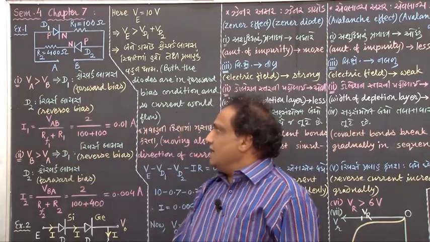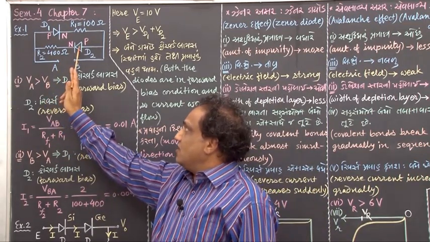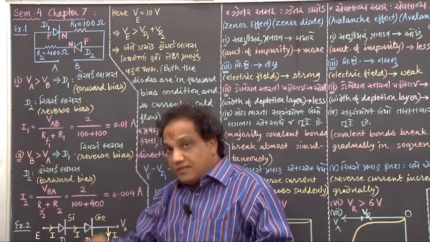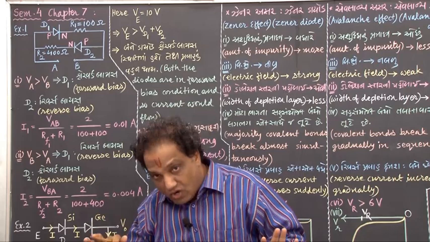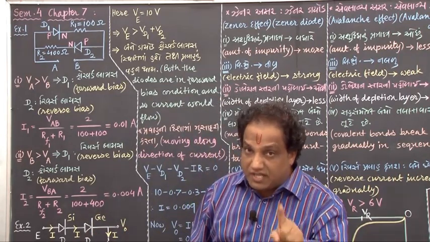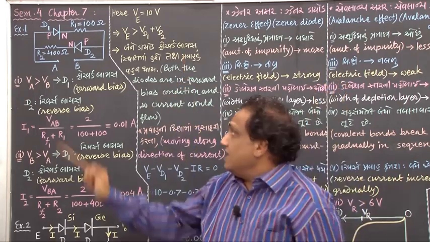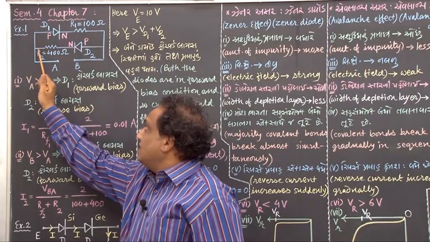Fine. Now tell me, in this case, when this diode D2 is reverse bias, there won't be any current flowing through the reverse bias diode, because they have said in the statement, for reverse bias condition, the resistance is infinite. In this branch, if resistance is infinite, then no current will flow in this branch.